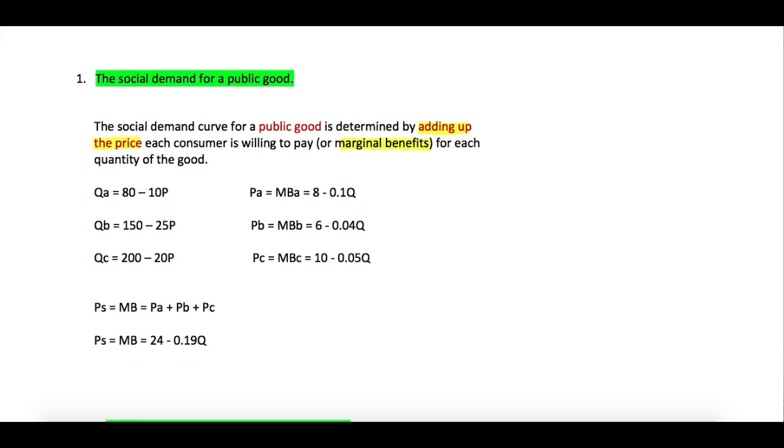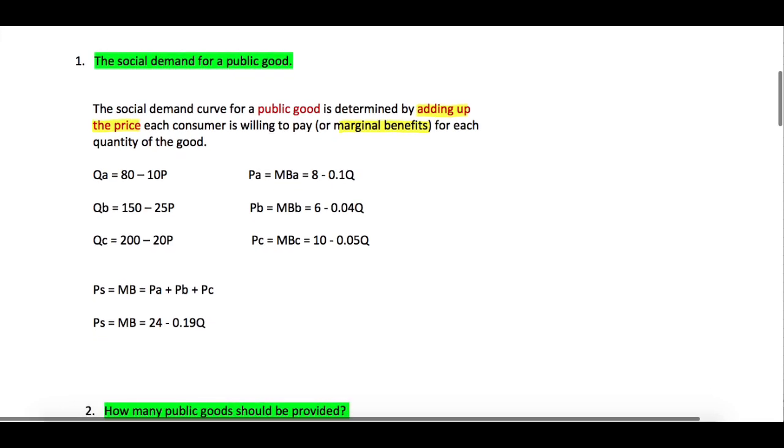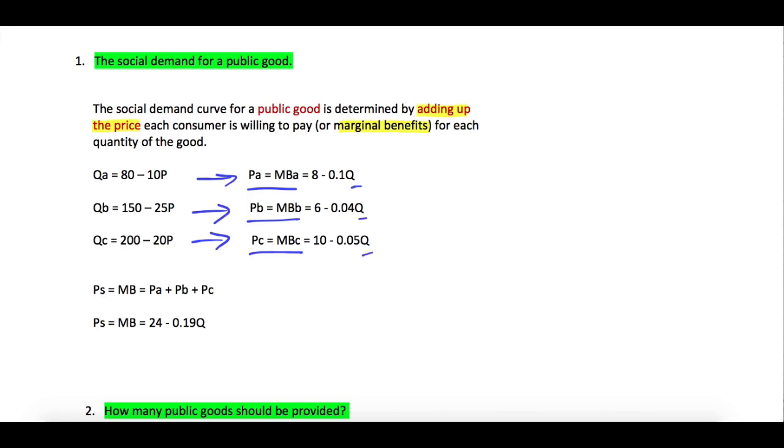So you need to transform the demand curve QA into PA equal to MBA, or marginal benefit of family A, equal to 8 minus 0.1Q. Similarly for family B and family C, the willingness to pay of each family at each level of output, because all families consume the same public good, the same output.